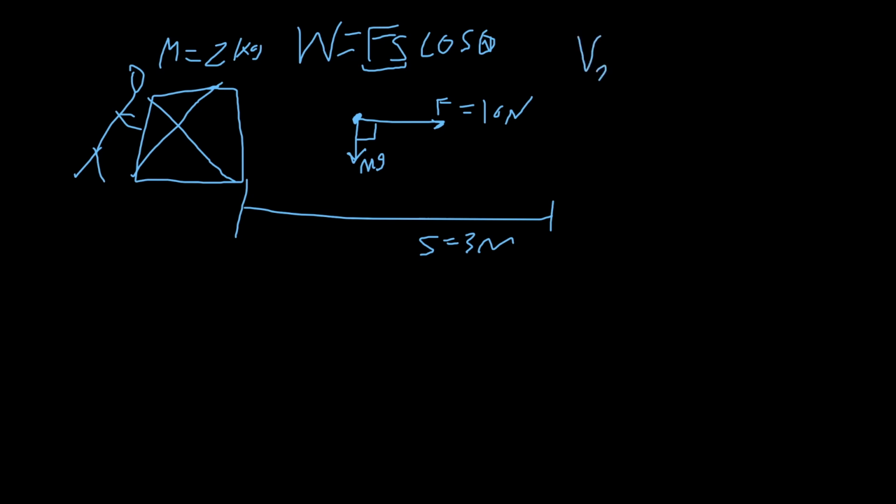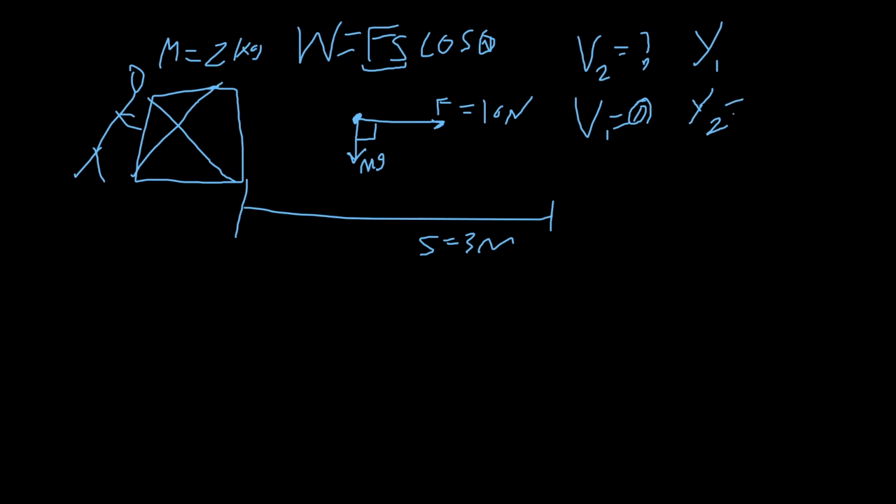So what is V2? And a good way I like to solve this is to start by listing all my variables. So we know this box starts with a 0 velocity, as it starts from just sitting there statically, and we know that our change of y is equal to 0.